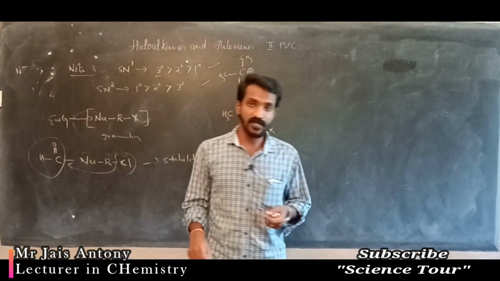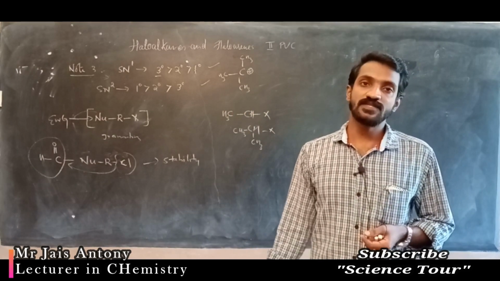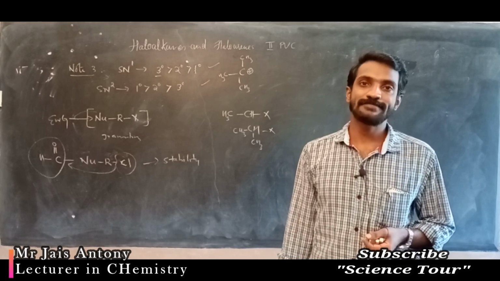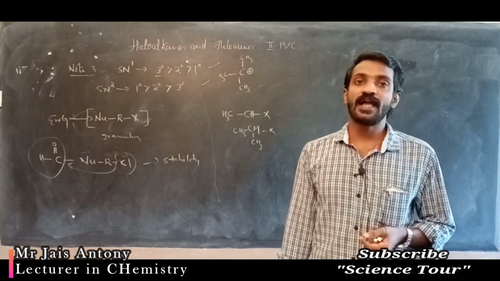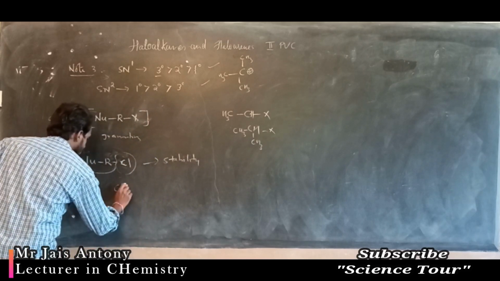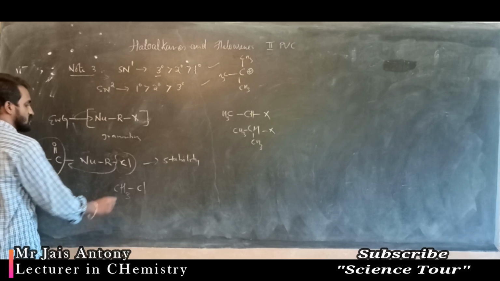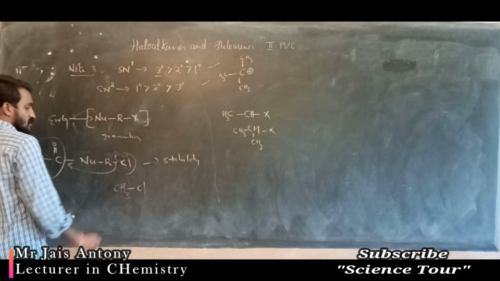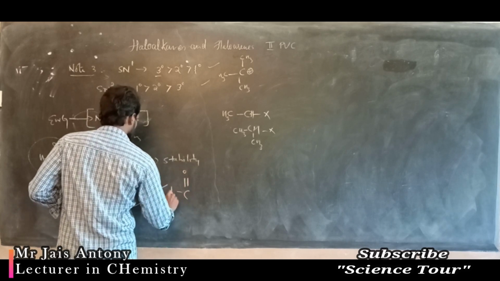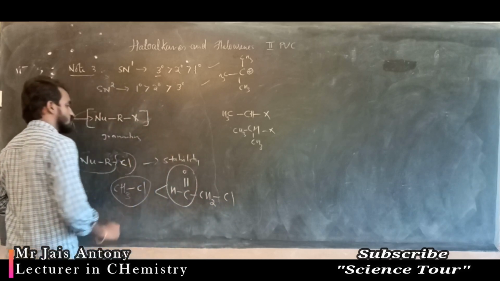When an electron withdrawing group is attached to the transition state, that means the SN2 mechanism or SN2 compound, then the SN2 reaction is more. For example, I will write it. Imagine this is methyl chloride, understood? Compared to methyl chloride, the reaction is more if that methyl group is attached to any electron withdrawing group.